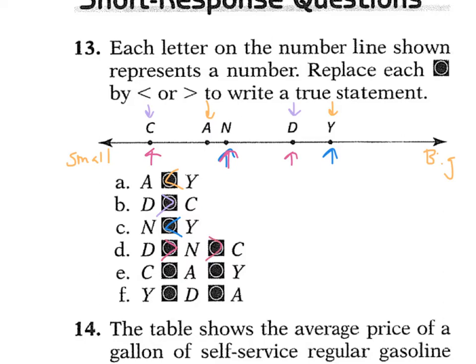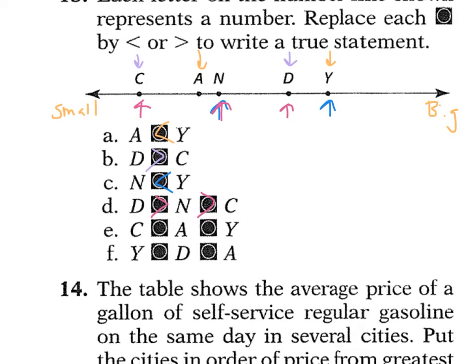Then we have N, which is bigger than C. Next we have C, A, and Y. So we start with C, go to A, and then Y. C is all the way to the left, so this is going to be smallest, so we put a less than, and then A is to the left of Y, so A is going to be less than Y. And then our last example, F, we have Y, D, and A. Y is all the way to the right, so that is going to be our biggest number. So Y is going to be greater than D, and D is going to be greater than A.